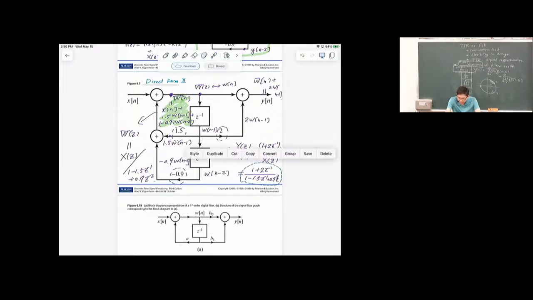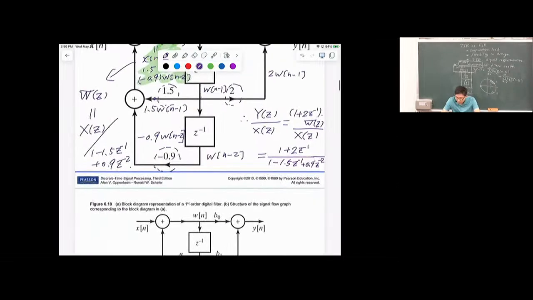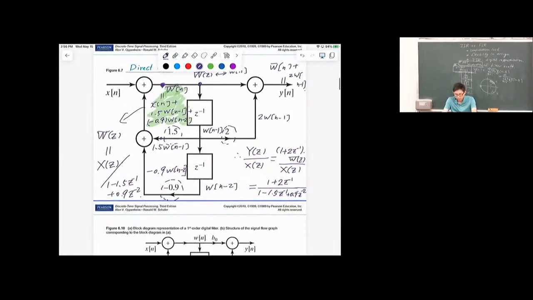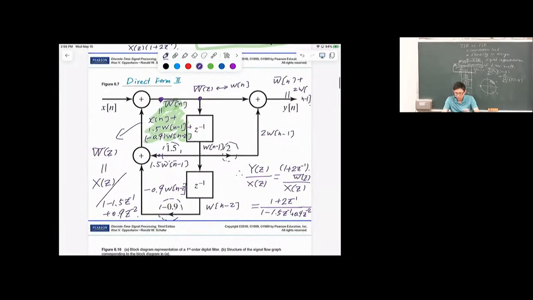Let me just improve my handwriting. z inverse right here. And this is called another direct form. This is direct form of the second kind, direct form 2.